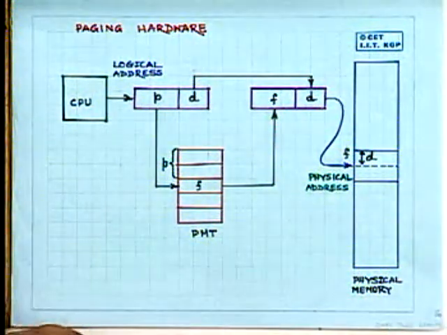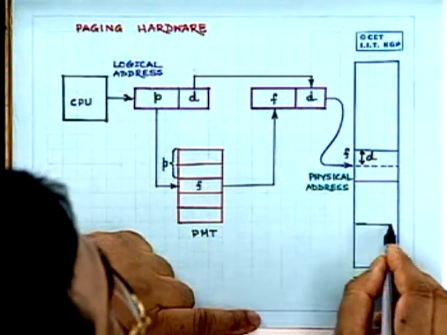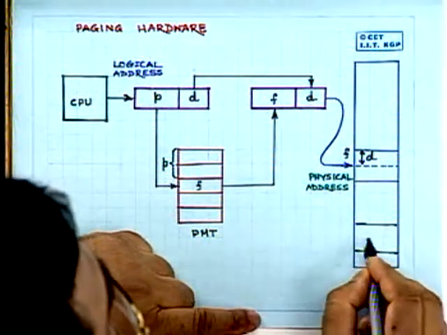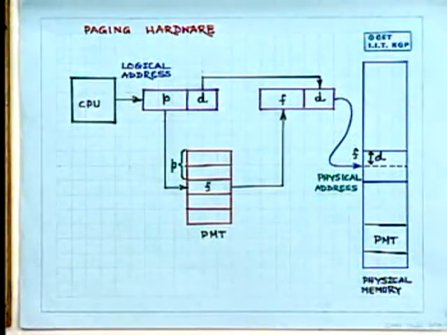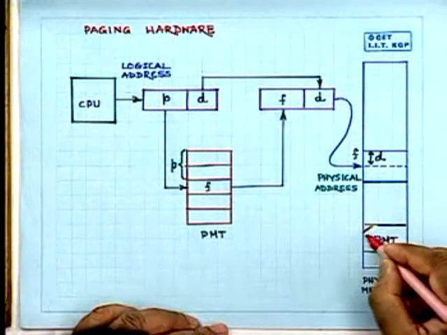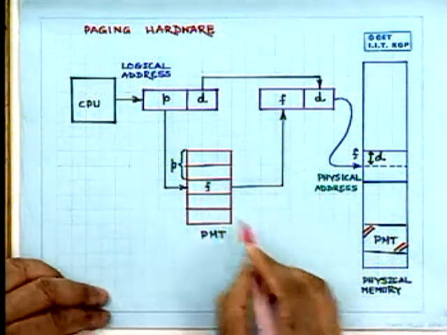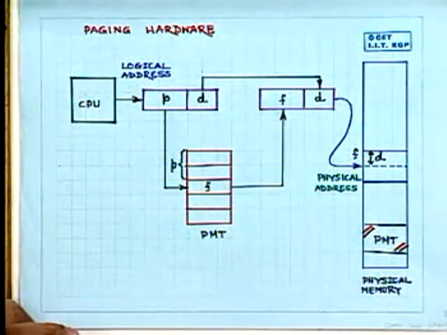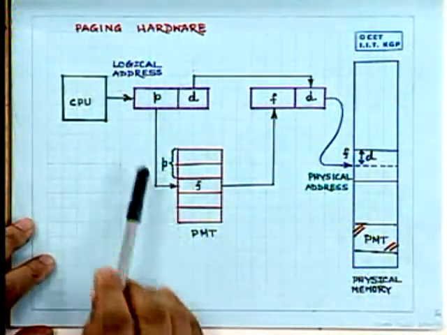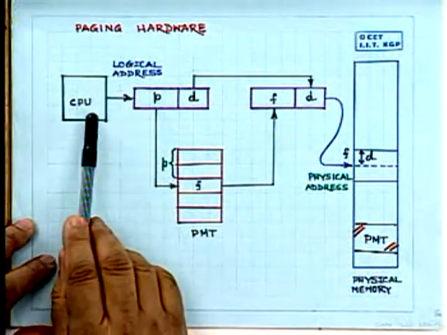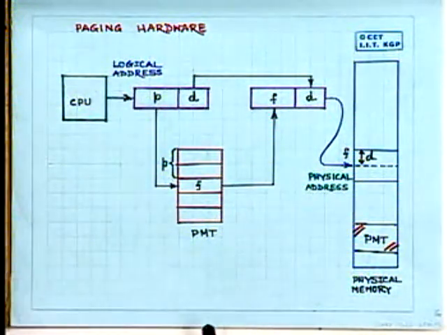Somewhere in the physical memory, this page map table, the PMT, has to be kept. This immediately affects the performance of the system.